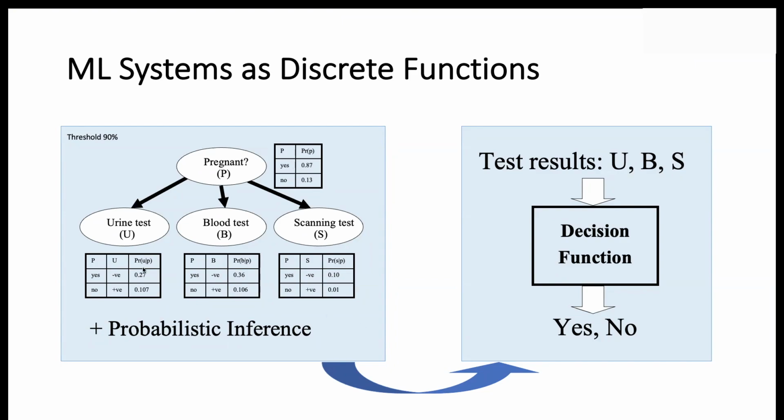So this whole box, even though it's numeric and learned from data, is just a sophisticated way of specifying a discrete function. So if I'm interested in the relationship between the inputs and the output, I don't need numbers.